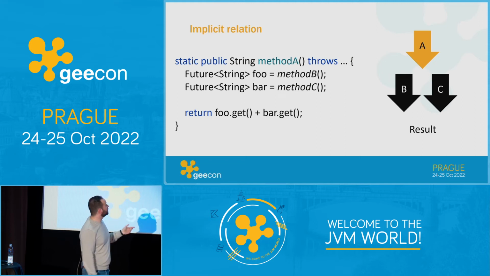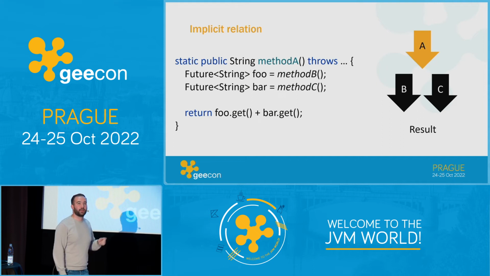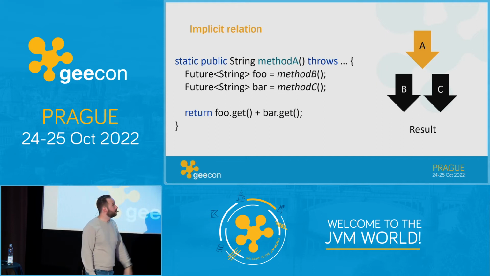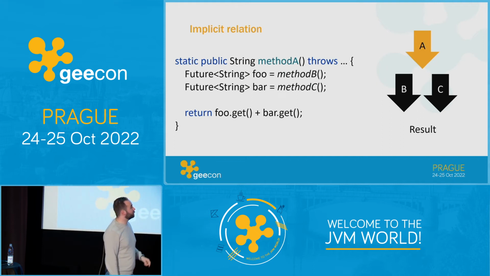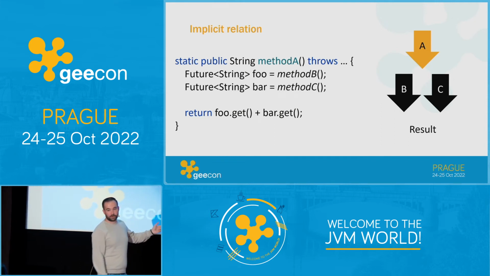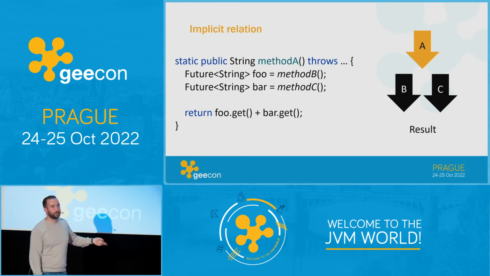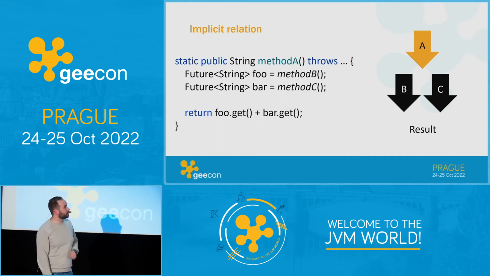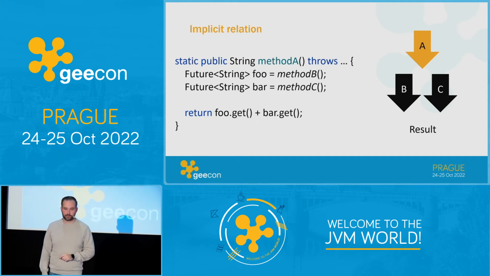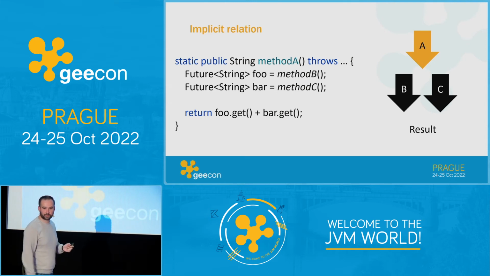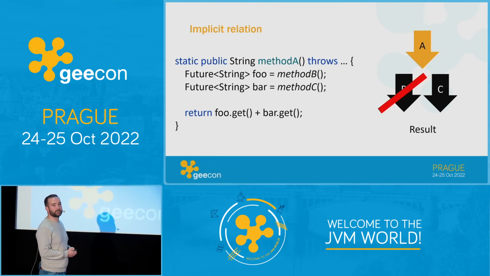And then I will wait first for foo to finish, and then I will wait for bar to finish. Some of you may have noticed the arrows in the right corner. Now B and C will run concurrently, so we will start at A, B and C will run at the same time, and then we try to create a result. So some of you may know what's coming next, and that's that B has thrown an exception.